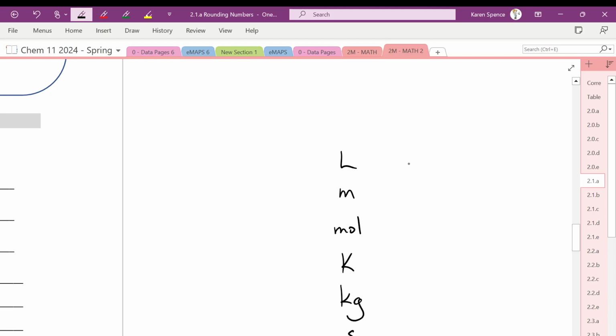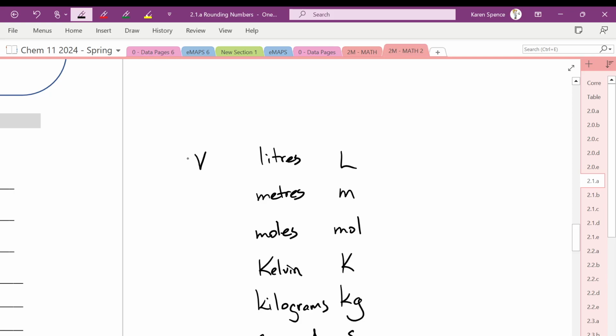And then you go, okay, liters, I know that's liters, and then meters, and then moles and Kelvin, kilograms and seconds. And then you should be able to say, liters measure volume. Meters measure distance.